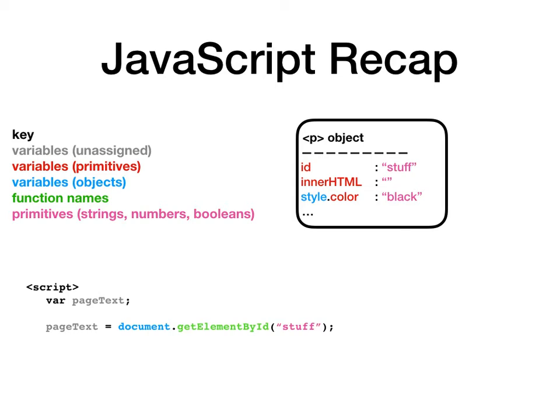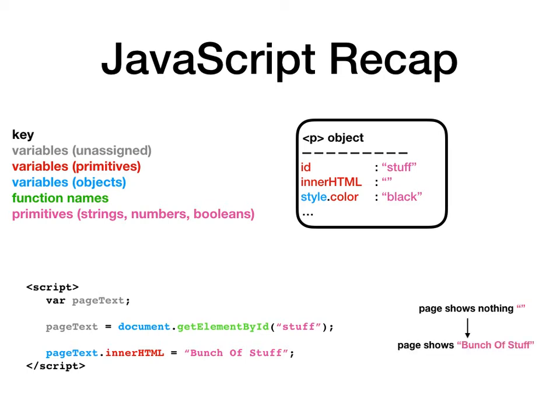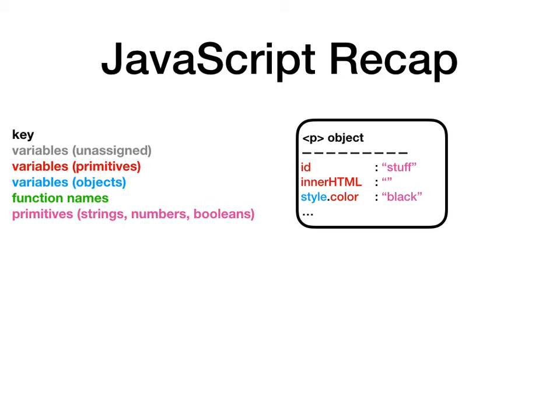In this case, stuff is the ID we're looking for. And then now page text has an object in it, right? It has a reference to this paragraph object. So we want to change its inner HTML variable to bunch of stuff. So now that leads us to, from the start, the page shows nothing, in quotes. And then after our script executes, the page says bunch of stuff. Neat.